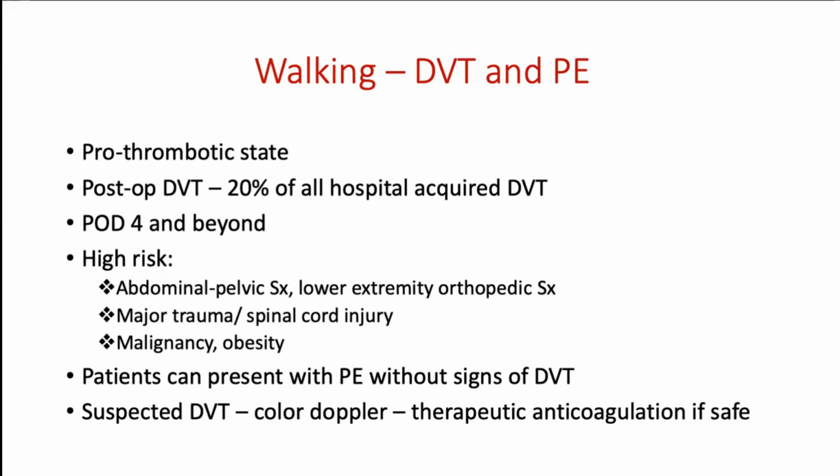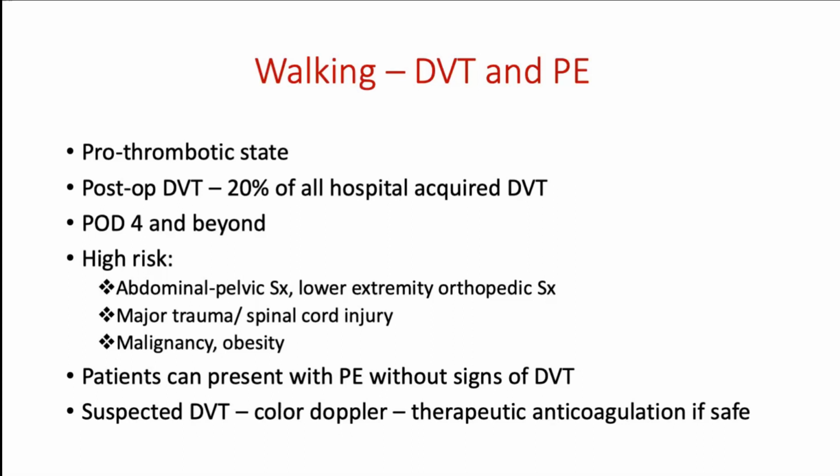The high risk cases are abdominal and pelvic surgery, lower extremity orthopedic surgery because patients remain immobilized for a longer time, major trauma or spinal cord injury, again because the patient remains immobilized for a long time, and malignancy and obesity, which are prothrombotic states. Patients can present with PE without signs of DVT.